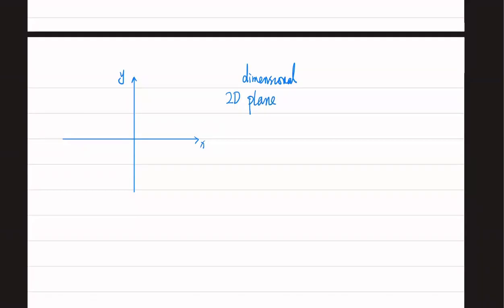Later you will learn 3D space. For now, we'll focus on the two-dimensional plane. The two-dimensional plane has an x-axis, the horizontal one, and a y-axis, the vertical one. And we label this as the origin. Unit size.